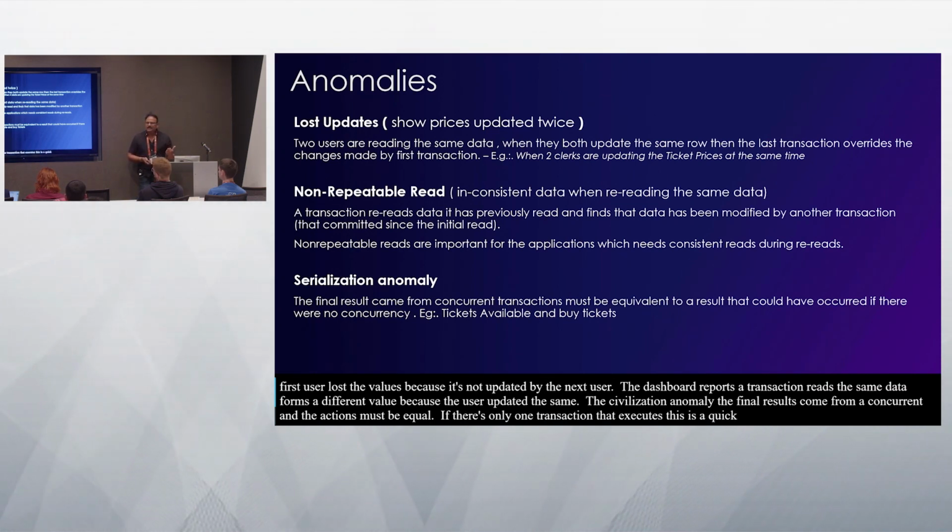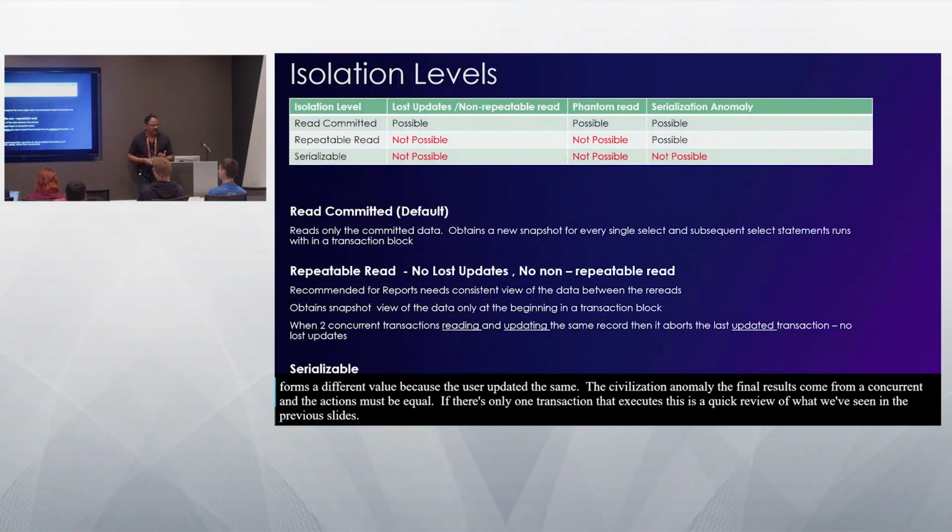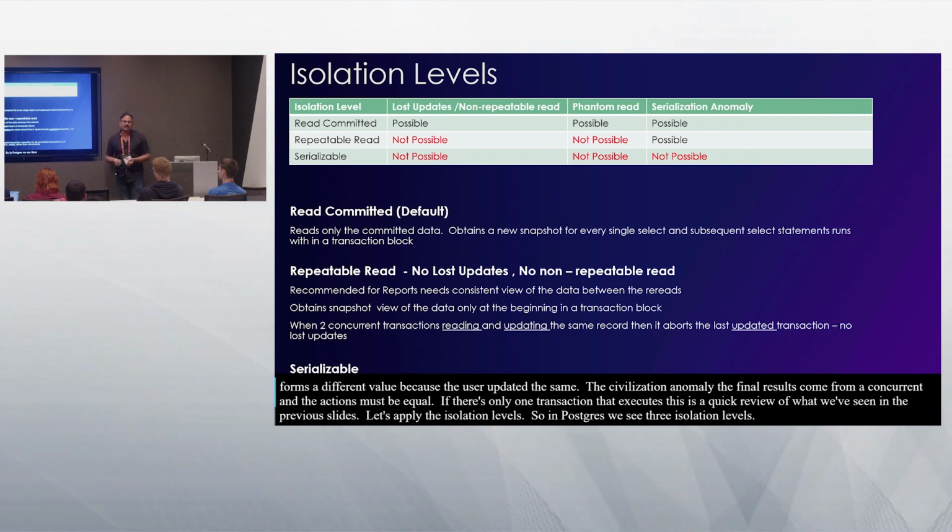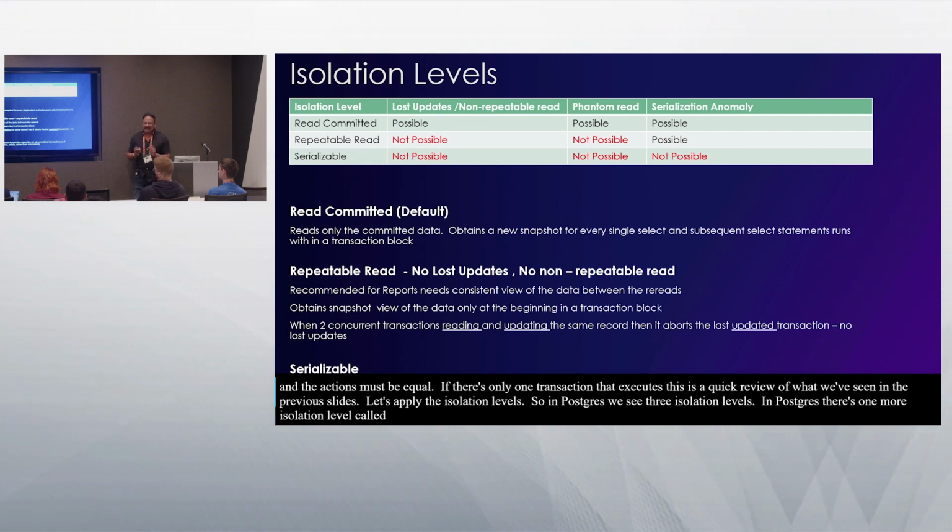Now let's fix these anomalies by applying the isolation levels. In Postgres, we can see 3 isolation levels, which are read committed, repeatable read, and serializable. In Postgres, there is one more isolation level called read uncommitted, but even if you apply it, it behaves exactly like read committed.